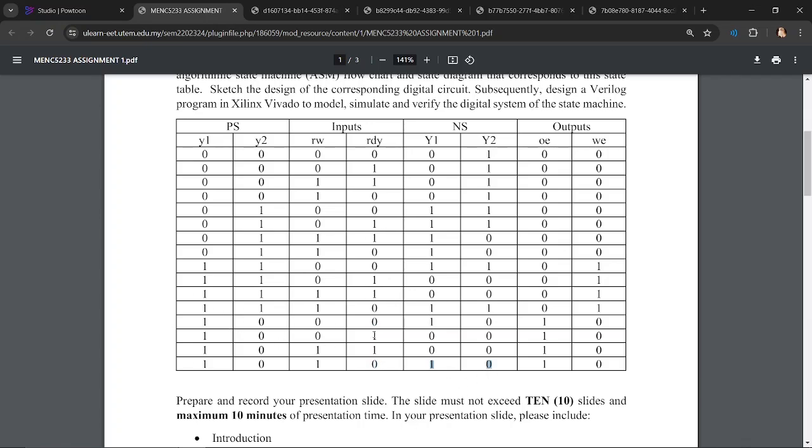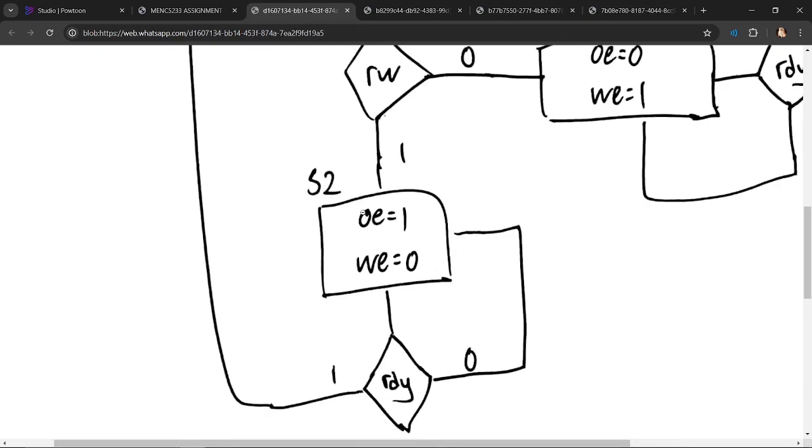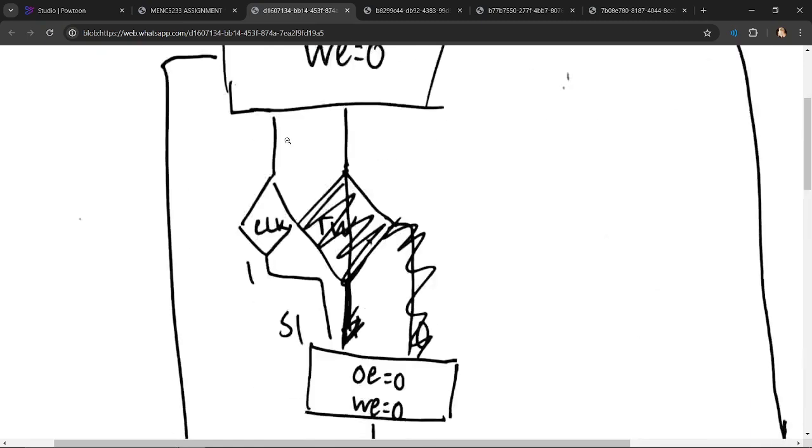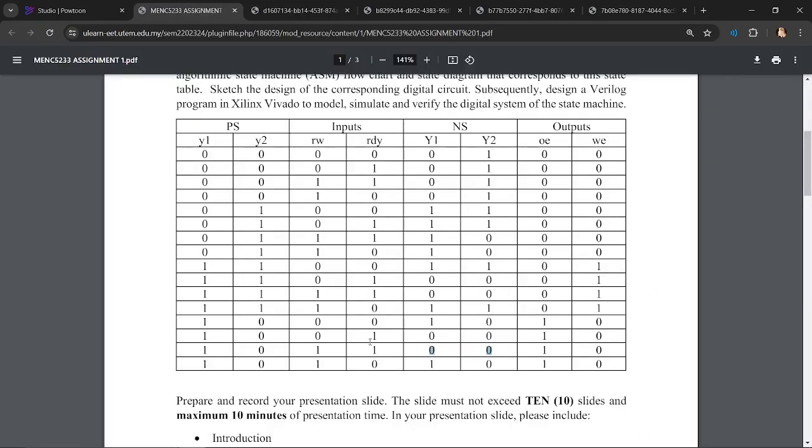But if RDY is 1, it will go to state 0. So let's look at our ASM here. For S2, RDY 0, go back to itself. RDY 1, it will go back to S0.